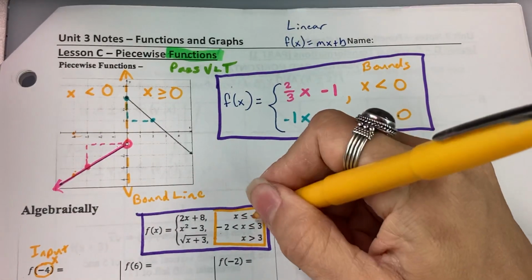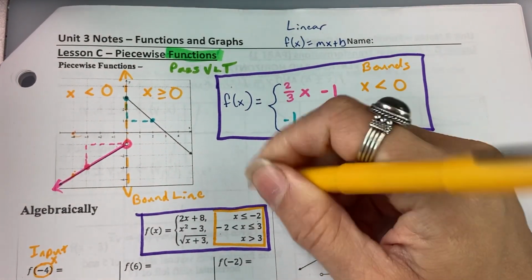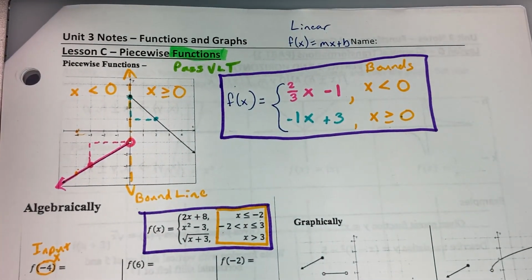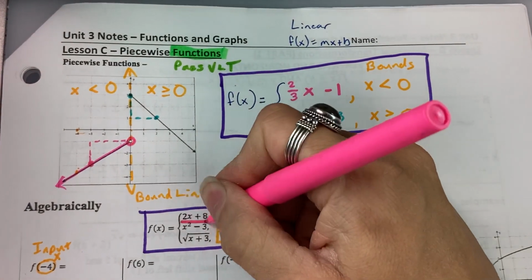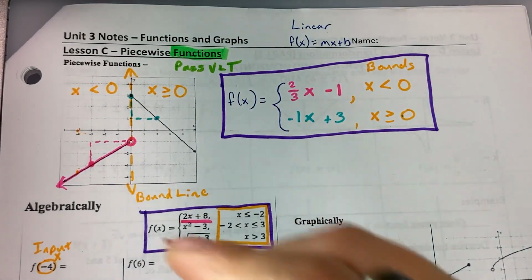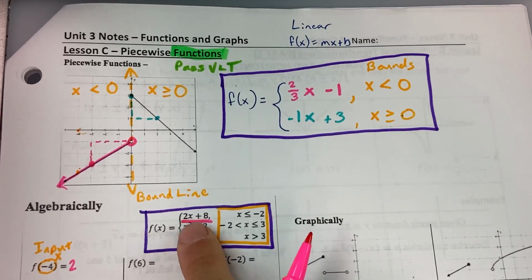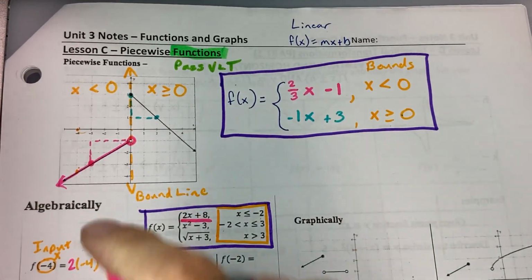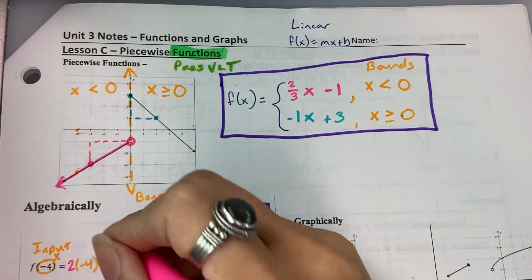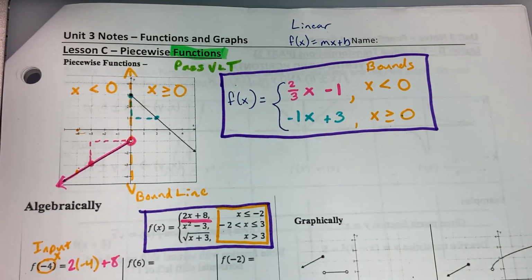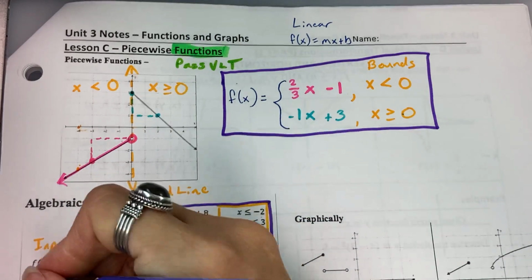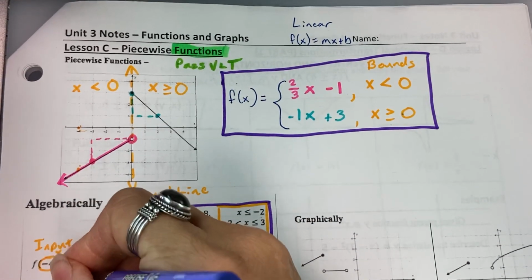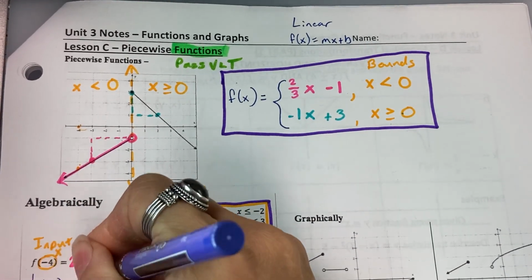So -4 is less than or equal to -2, which means we are going to be using this pink function piece. So we're going to take 2 times the input, or -4, and then +8. So -8 plus 8 is 0. So f of -4 is equal to 0. Ta-da!